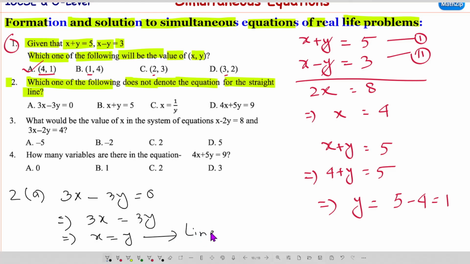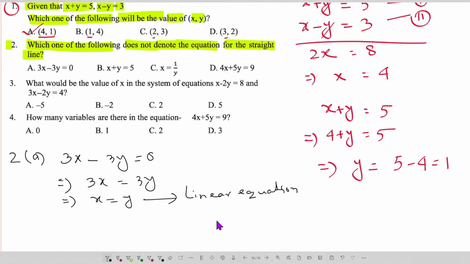Linear equation, and it represents a straight line.